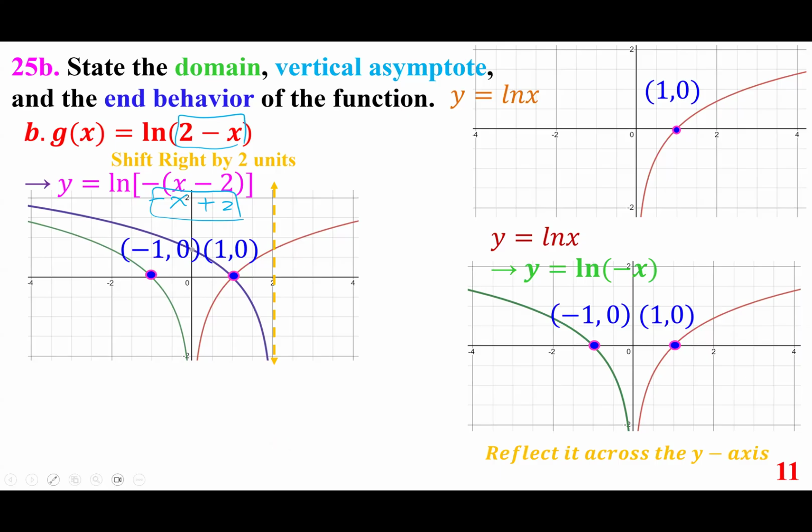Let me again show you how you find that in general. If they just say, find the vertical asymptote, set the argument equal to 0. That's what they want. Just set this one, 2 minus x equal to 0, which gives you x equals 2. So if they ask, what is the vertical asymptote, and nothing else, set the argument equal to 0. So what happens here?